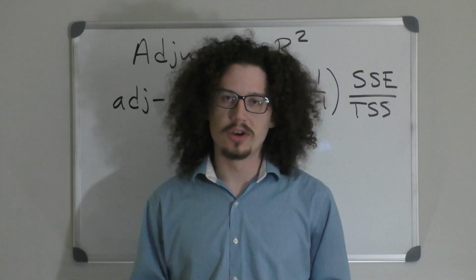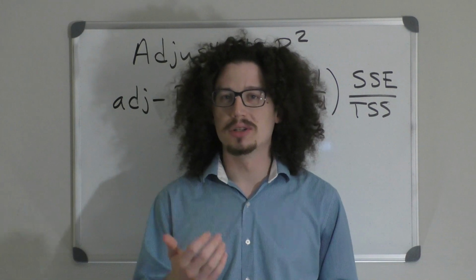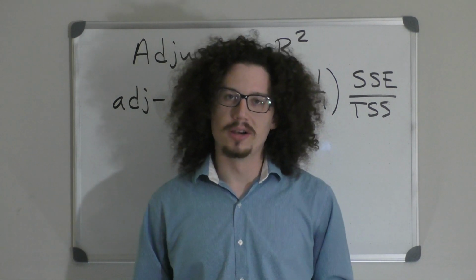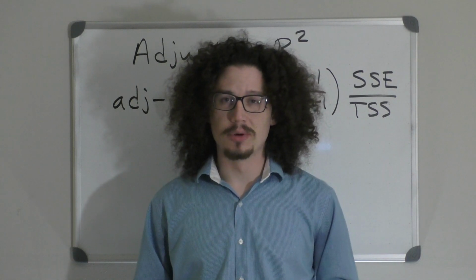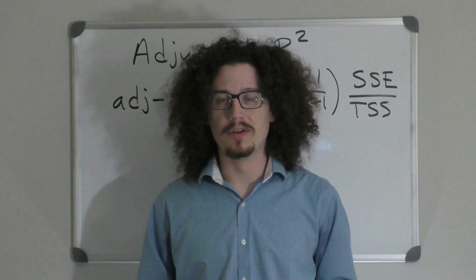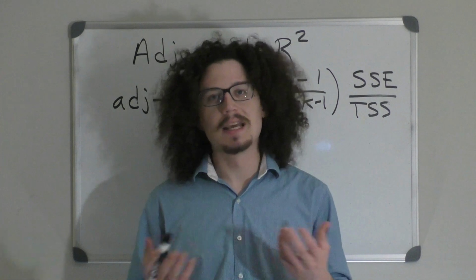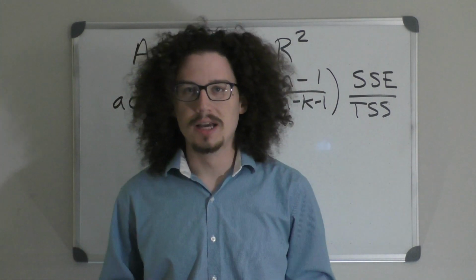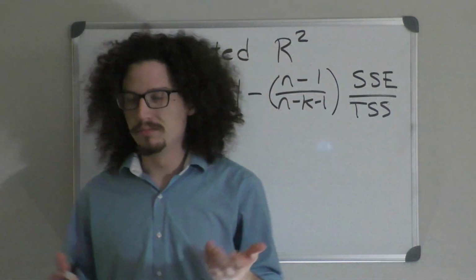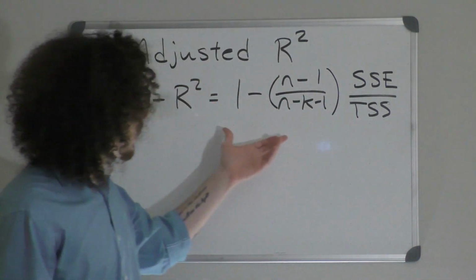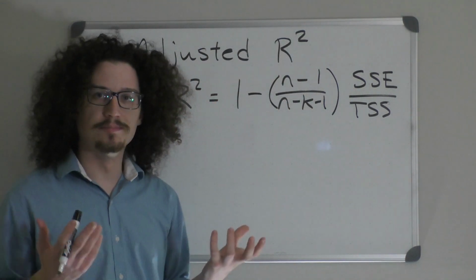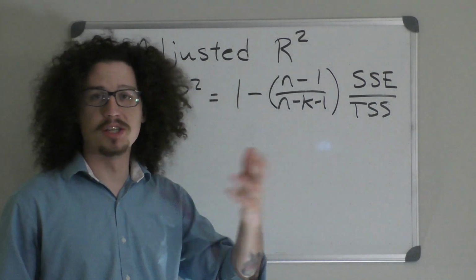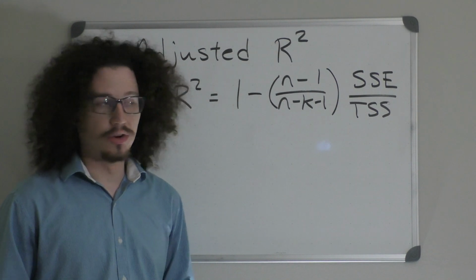A lot of times you're going to see the adjusted R-squared reported as a percentage, and a lot of times people are going to interpret the adjusted R-squared as the percentage of variation explained. Technically, that is not correct, and they shouldn't do that. But they still do. Technically, again, it's not a ratio. It's just there for comparison among other models.